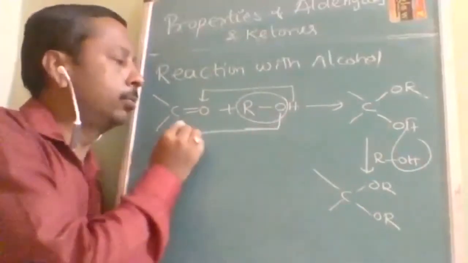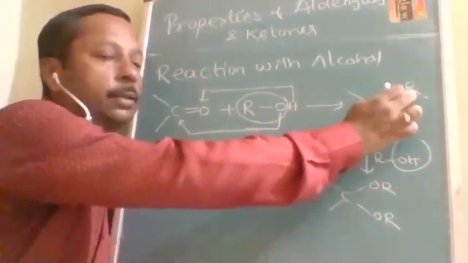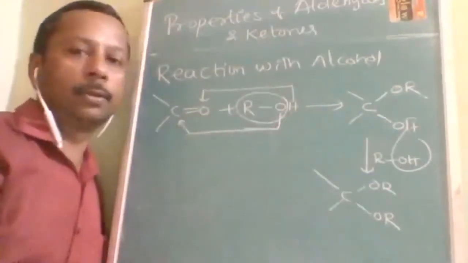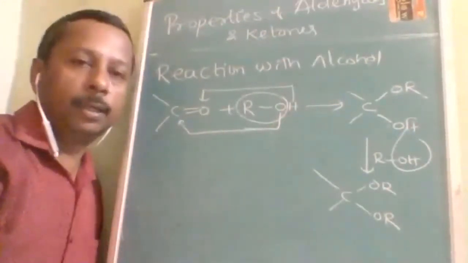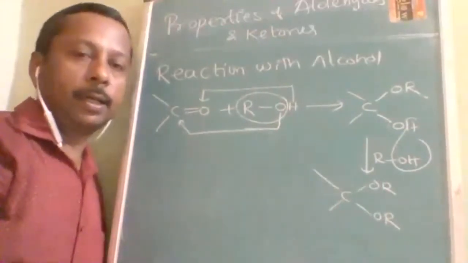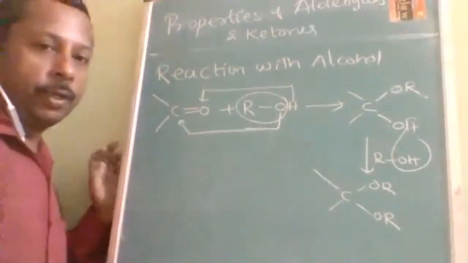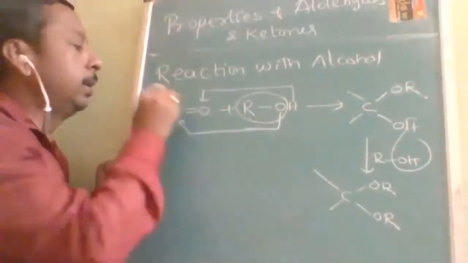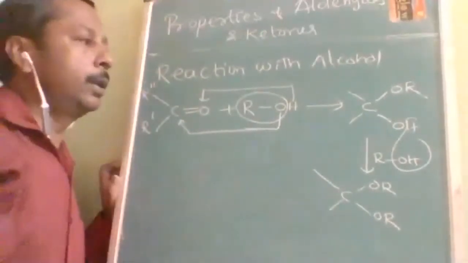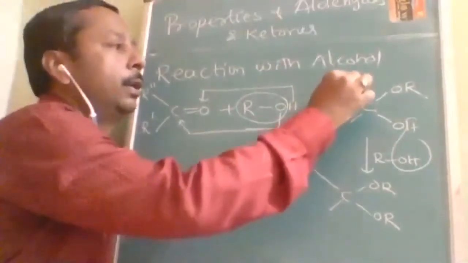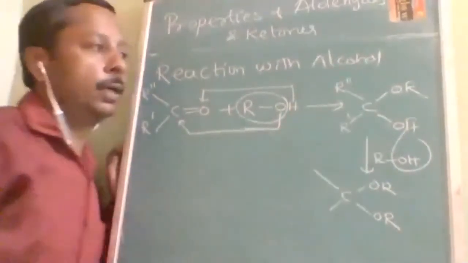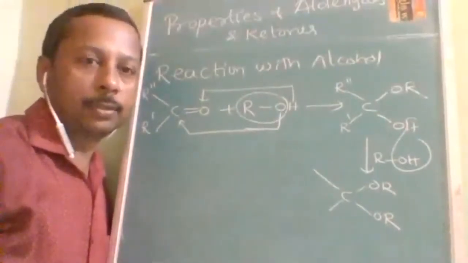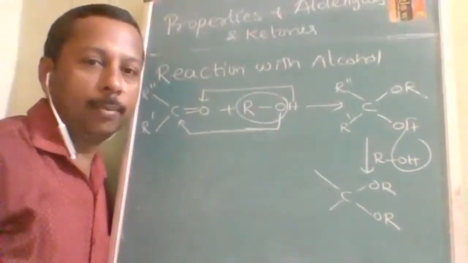So OR goes to carbon, and the hydrogen goes to oxygen, forming an alcohol. This can be called an acetal or ketal. When it is a ketal and both alkyl groups are there, R', R'', then it is called a hemiketal, or semiketal.